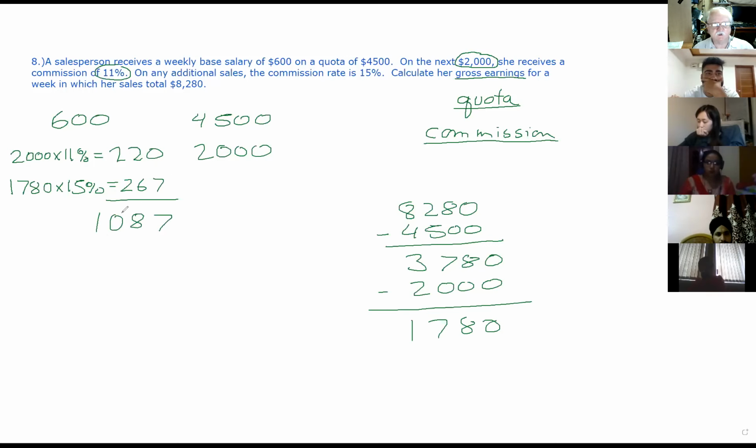So her pay looks like it was $1,087. So that's basically what they wanted you to do there. Any questions on how that worked? You're bound to run into other questions dealing with quotas and commissions. And that's the kind of process they're expecting you to go through.